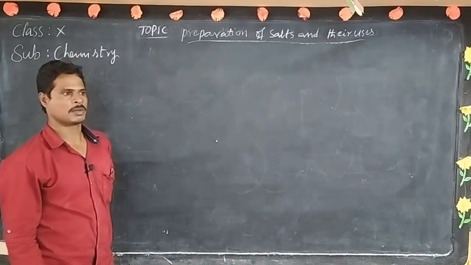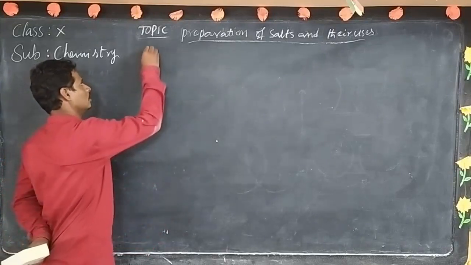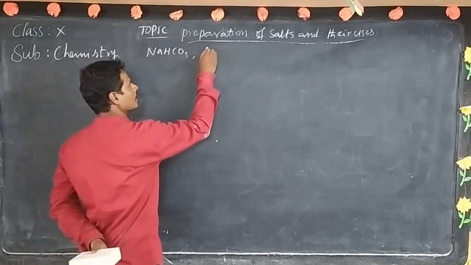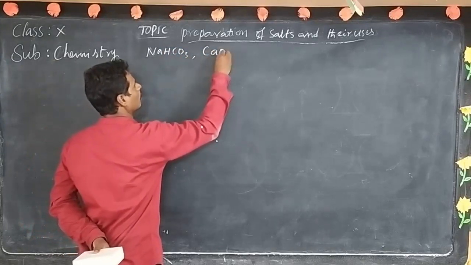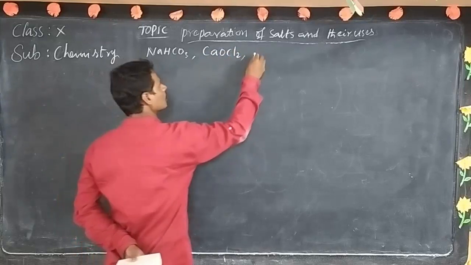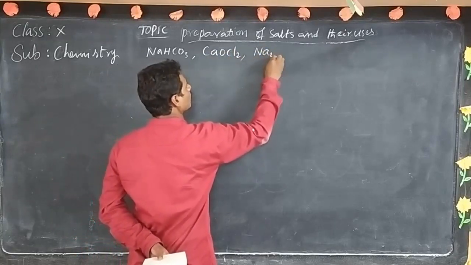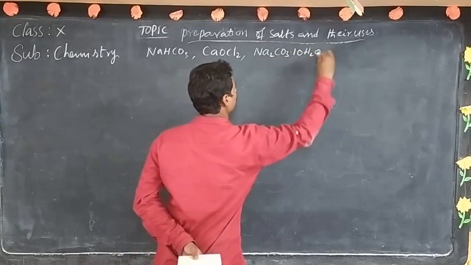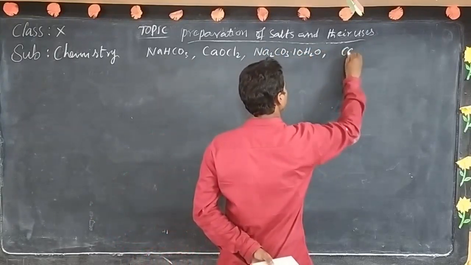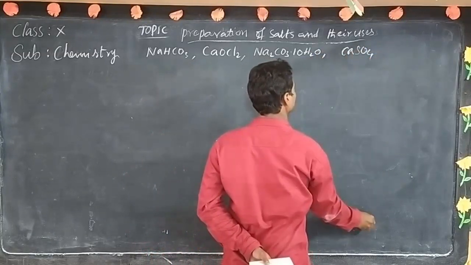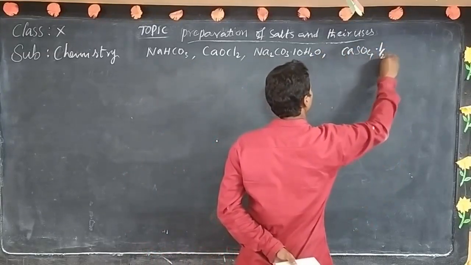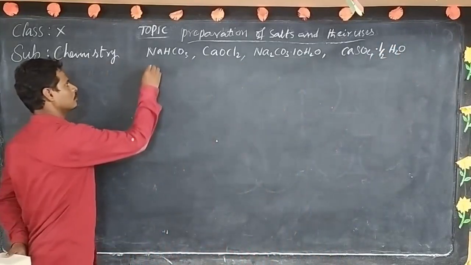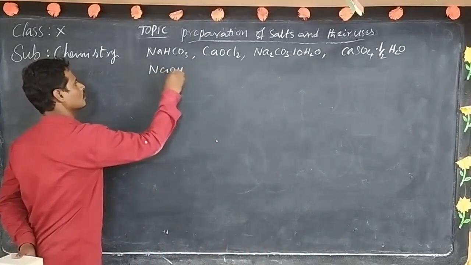So we know a few examples of salts. What are they? Sodium bicarbonate, bleaching powder, calcium oxychloride, washing soda, plaster of Paris, sodium hydroxide.